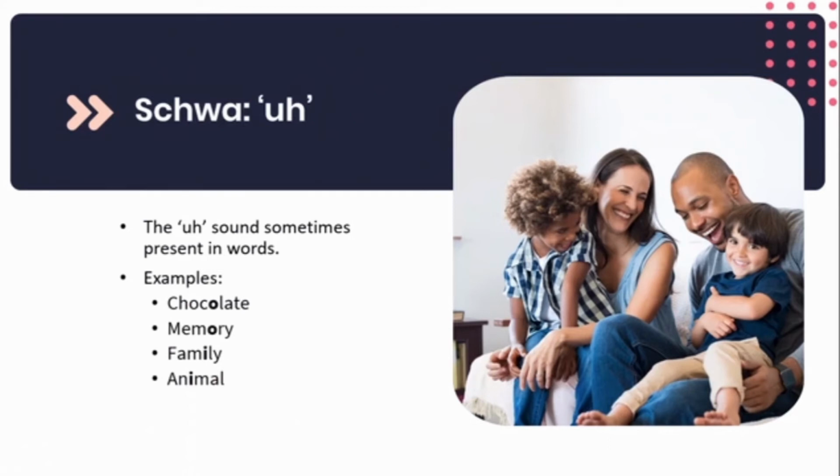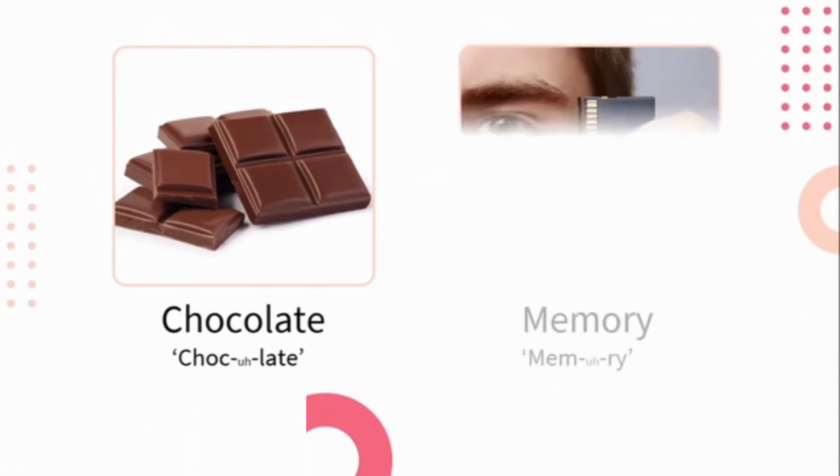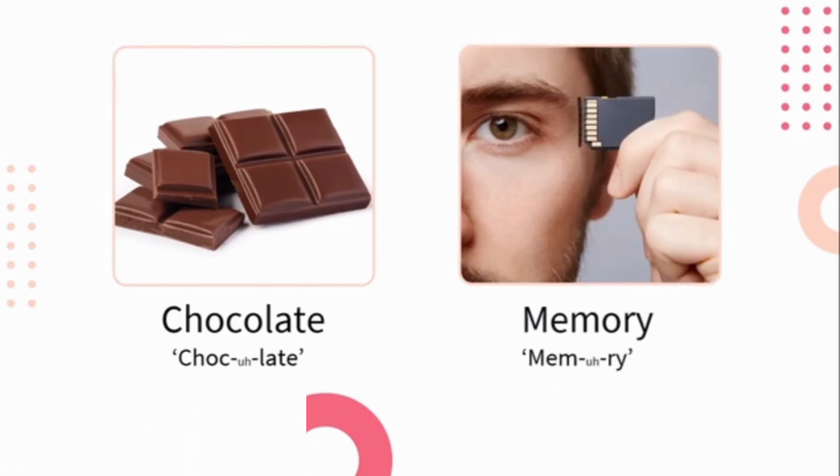Now, I just said these words quite slowly so that you could hear the sound, or in other words, the schwa sound. But in natural speech in English, we never place emphasis on the schwa sound. We don't say chocolate fully. We say it with a reduced sound. We don't say memory fully. We say it with a reduced sound.